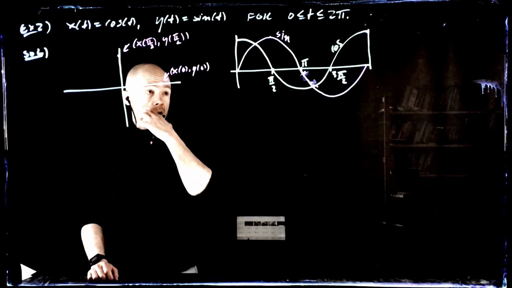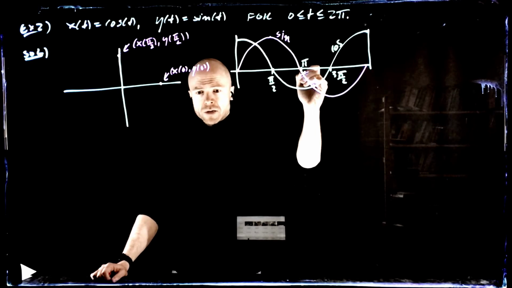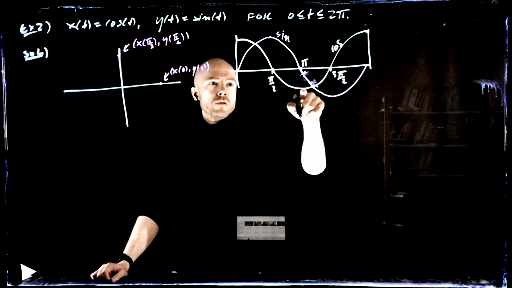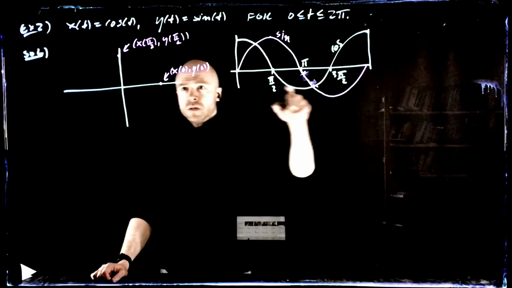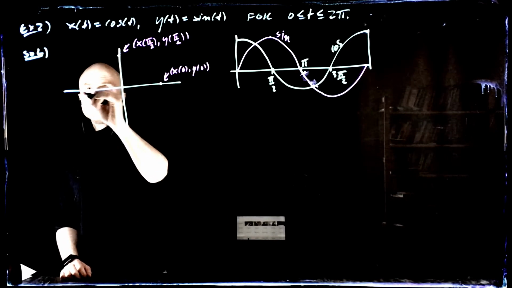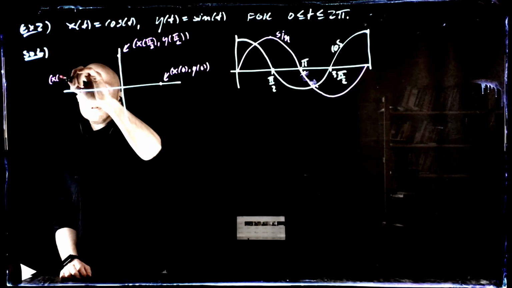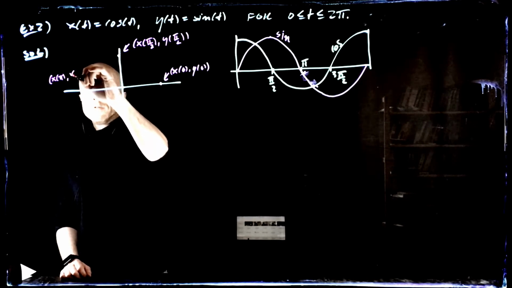When we're at pi, sine is equal to 0, but cosine is equal to -1. So now we're over here. So this is x of pi, y of pi, right here.